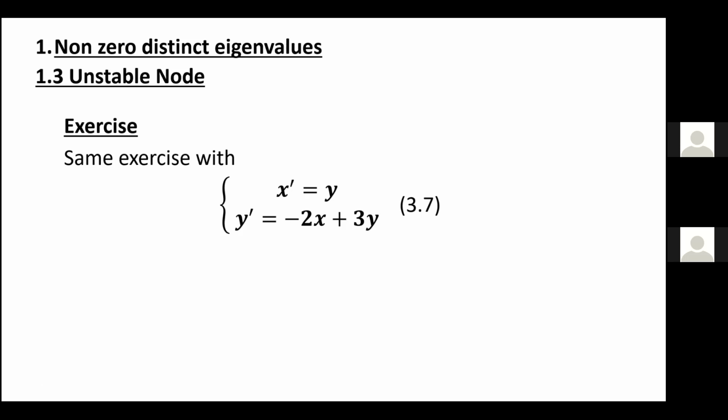So an unstable node is a source, but a source is not necessarily an unstable node, meaning that a source contains unstable nodes and other things. Okay, so let's move forward.